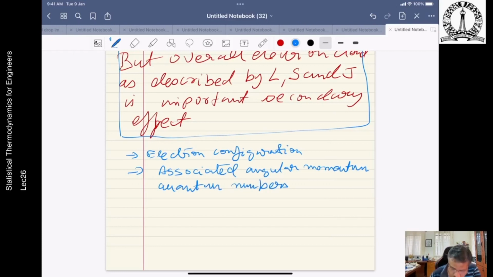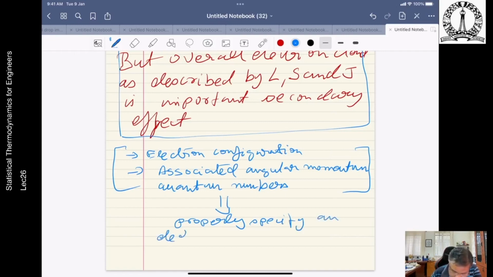These two are required to basically properly specify an electronic energy level. These two are required for specifying the electronic energy level.